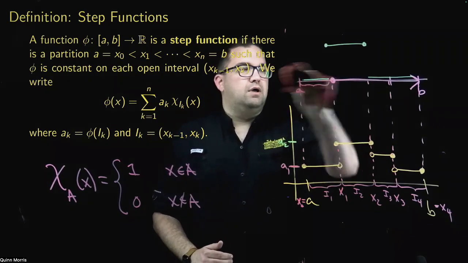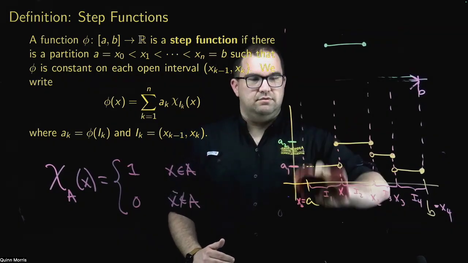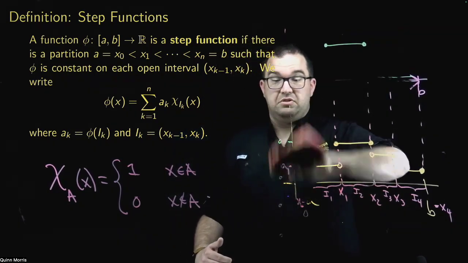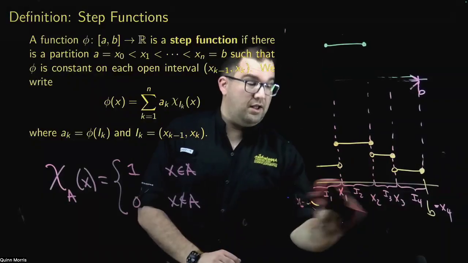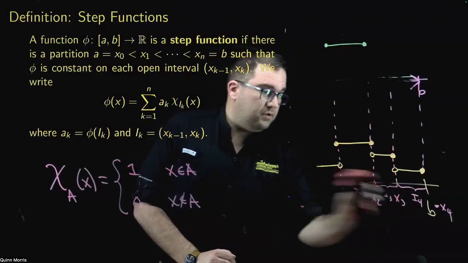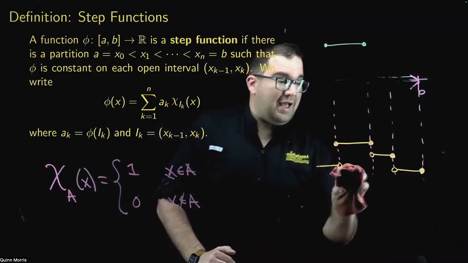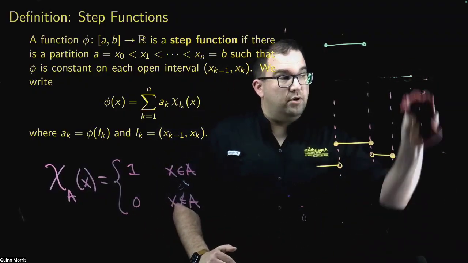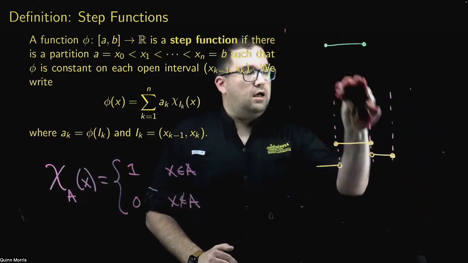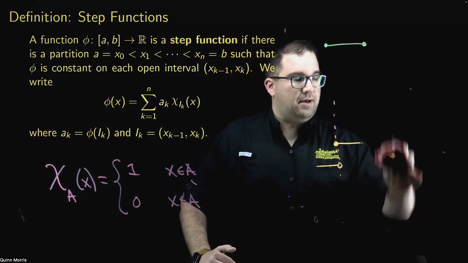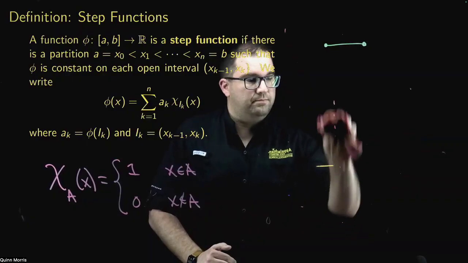Now, step functions are nice functions. They're certainly Riemann integrable, so we might hope that they're Lebesgue integrable. We could ask ourselves, are these functions measurable? And the answer is yes. Let's think about why these functions are measurable.